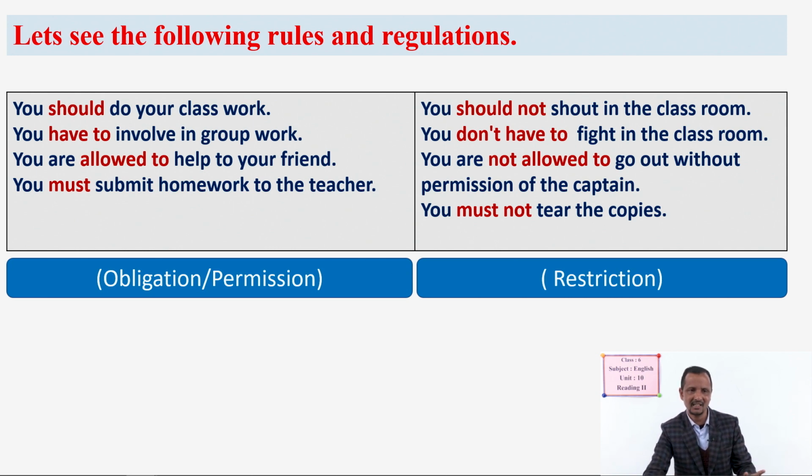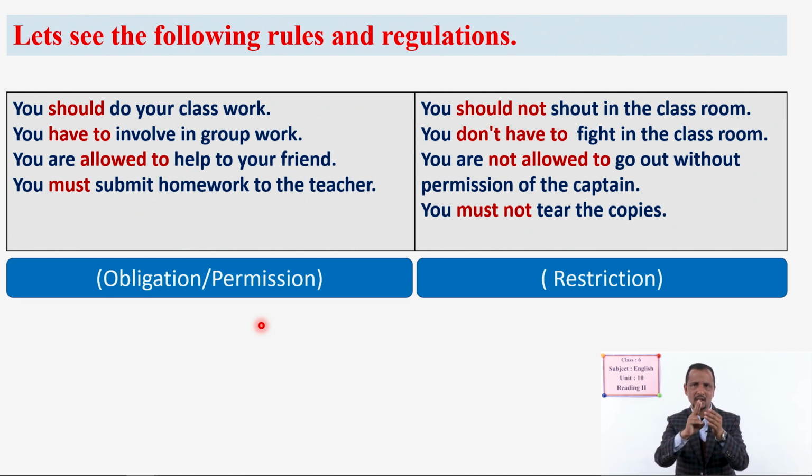Yes. For obligation we use this type of structure that we discussed in the whole unit about rules and regulations, making them in different places. Okay? So, actually, rules and regulations are of two types. Means we have to make them in two ways: restriction, permission, or permission, restriction.